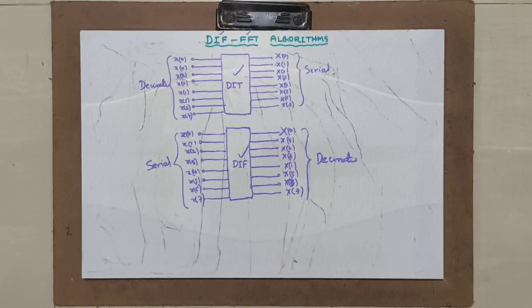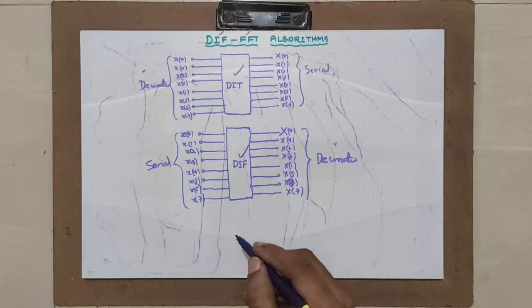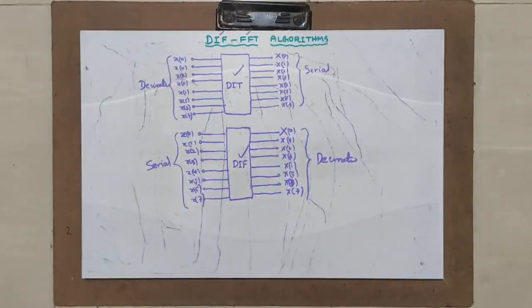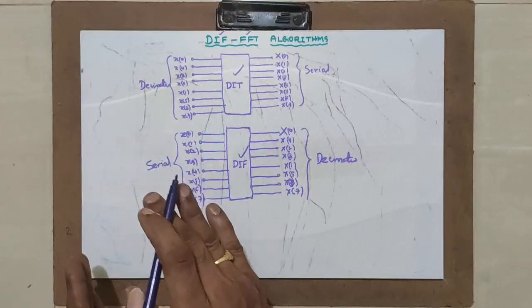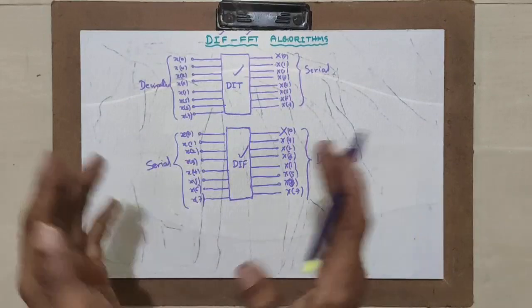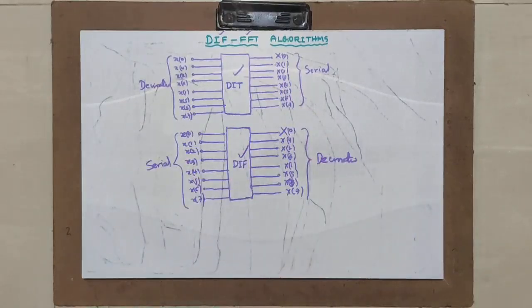It is the same as the DIT FFT algorithm. The only thing is that whatever the last stage was comes to the first stage, and the first stage goes to the last stage in case of DIF. Everything gets interchanged. That's the concept here. Let me go to the next board, where I will take the same numerical example as the previous DIT FFT algorithm and solve it.